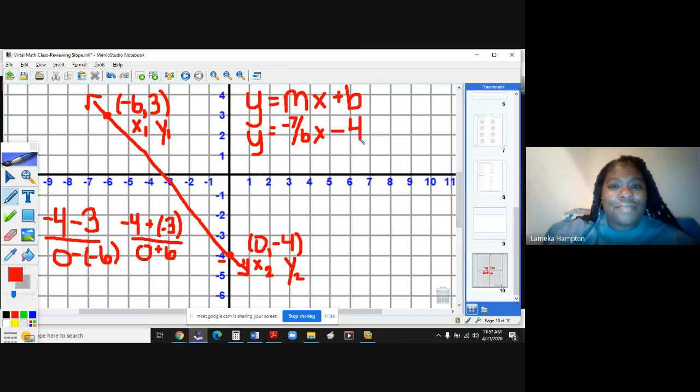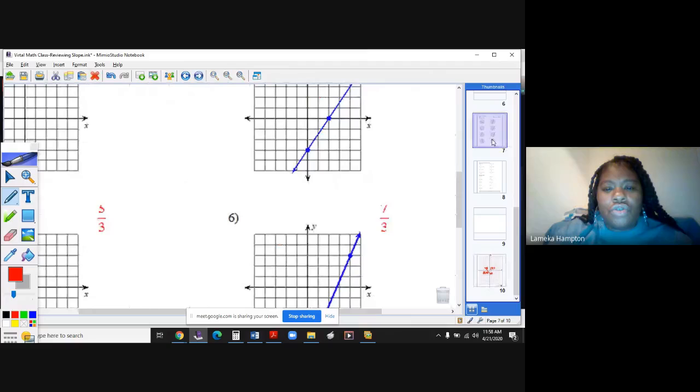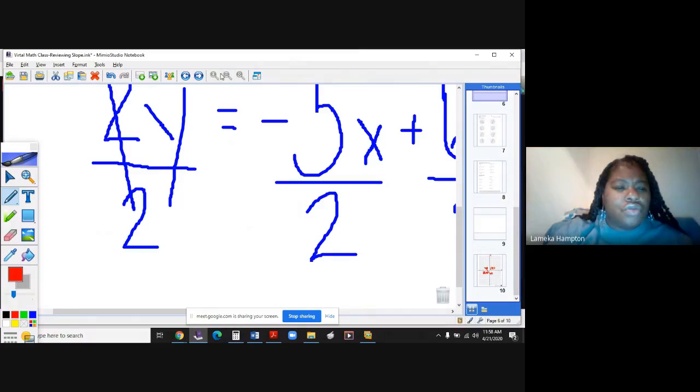So that is how you would find the equation of a line. It's really not that bad. So now what I'm going to do is I am simply going to scroll back up and I'm going to add one more piece to your assignment. And of course it's too big.